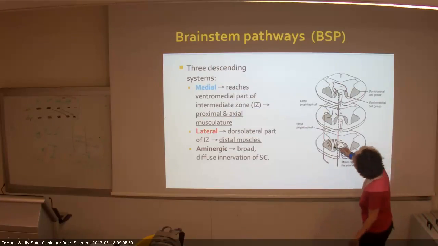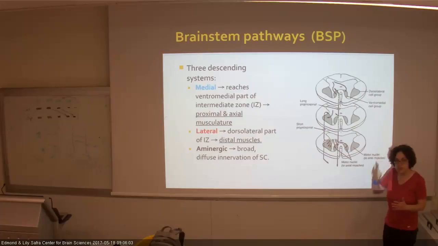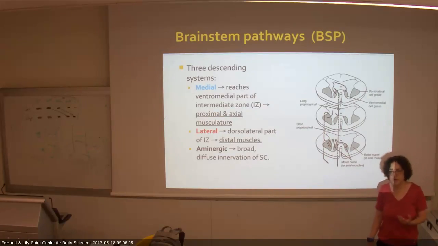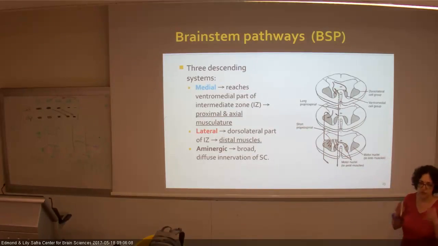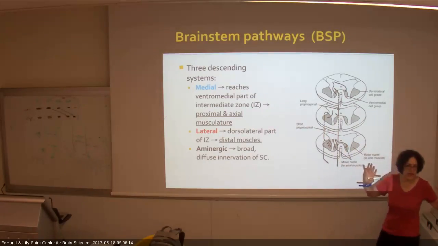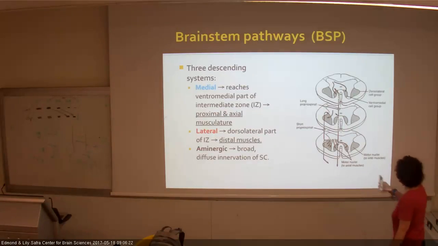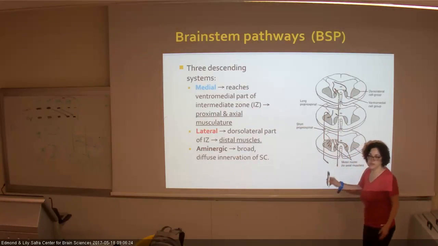Motor neurons and interneurons located in medial positions are related to axial and proximal movement, movement of the core of the body. Motor neurons and interneurons located more laterally are responsible for movement of distal muscles, the muscles of the limbs.